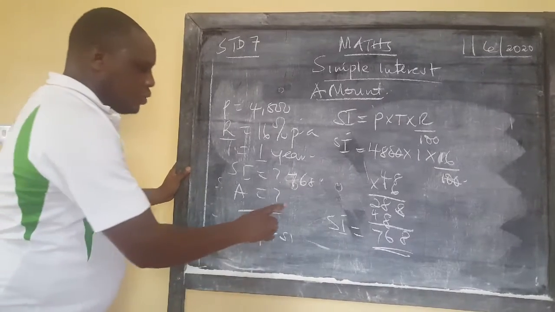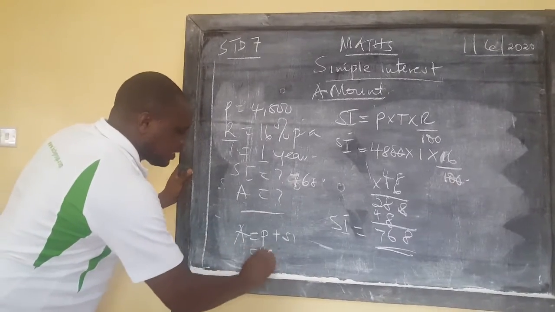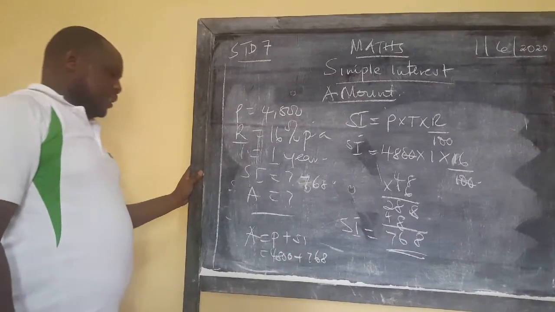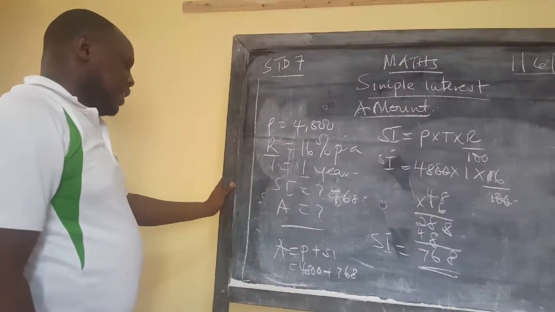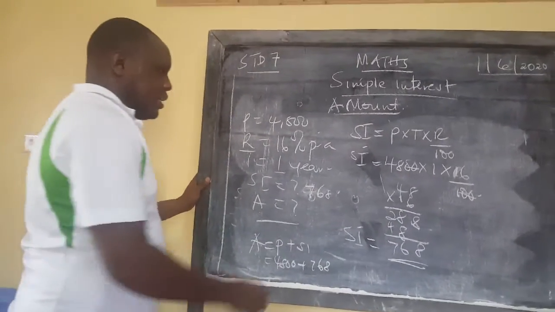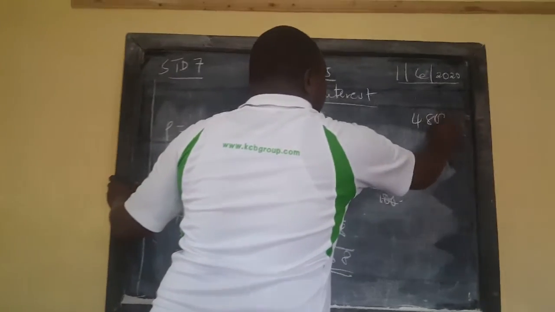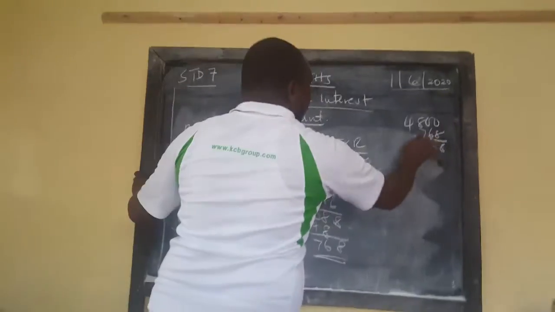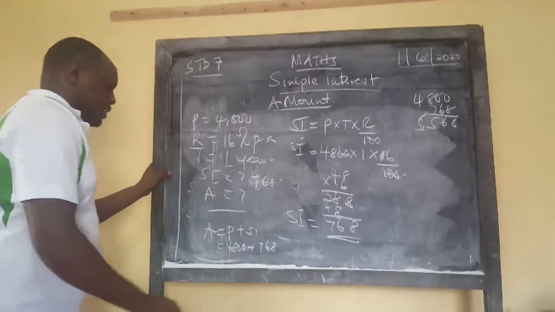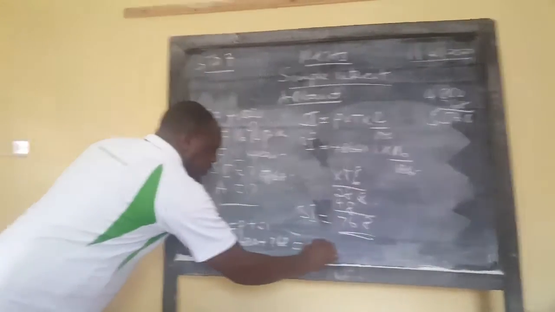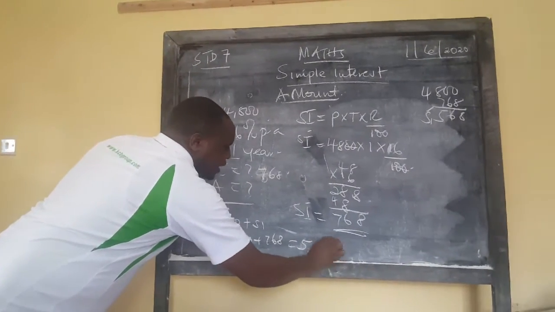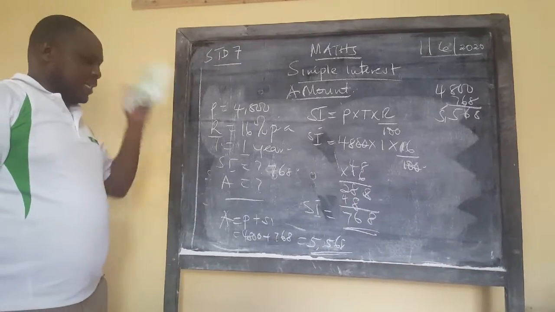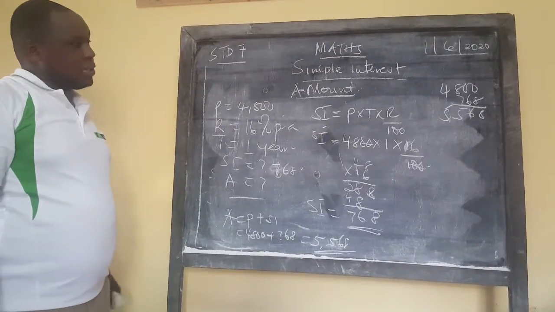And so the principal is 4,800 plus 768, and that will give you 5,568 shillings. 5,568 shillings will be our amount.